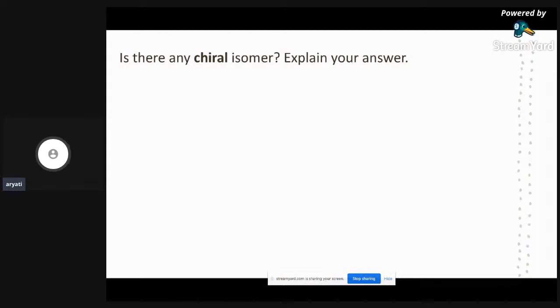Okay, next question. Is there any chiral isomer? Explain your answer. So, kita nak chiral isomer, kita mesti tahu kalau chiral isomer, dia must have chiral center ataupun chiral carbon. So kita mesti cari dulu chiral center ataupun chiral carbon.